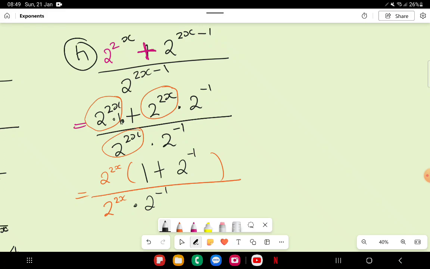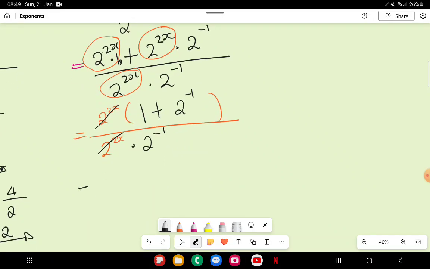It doesn't exist over here. Okay. So now I can cancel these two out. And then what do I have left? In the numerator, I have, so this 2 to the power of negative 1 means to the bottom, right? So technically I have 1 plus a half, because that 2 becomes a denominator, over a half, because that 2 becomes a denominator, right? So now I have 1.5 over a half.